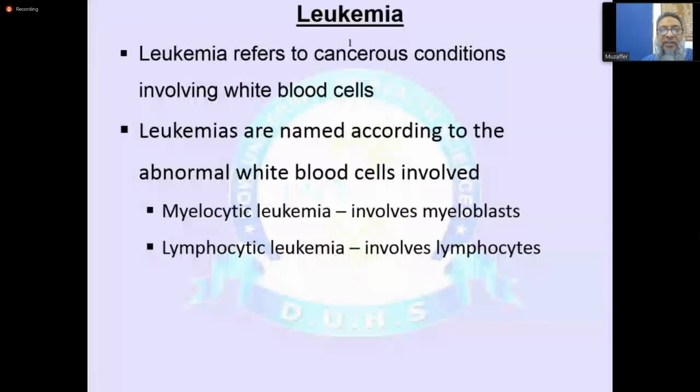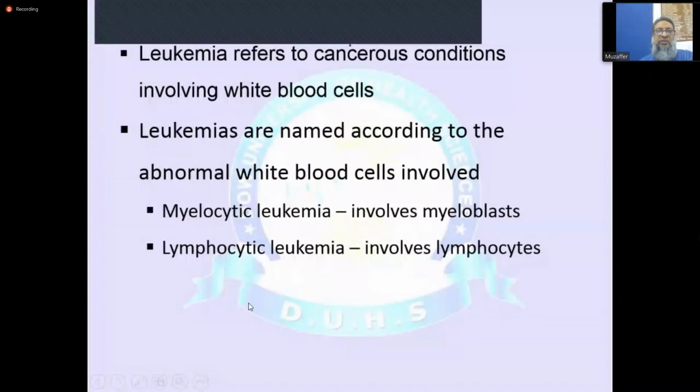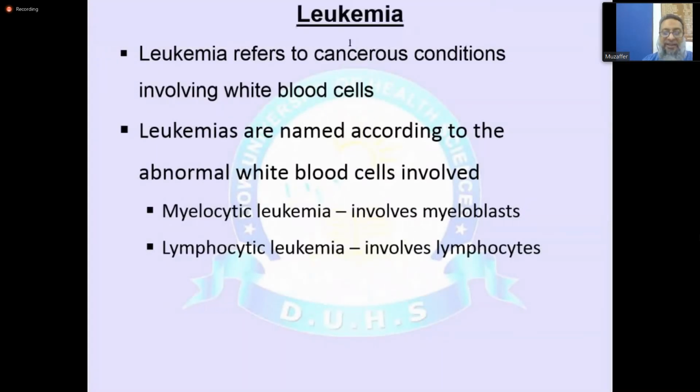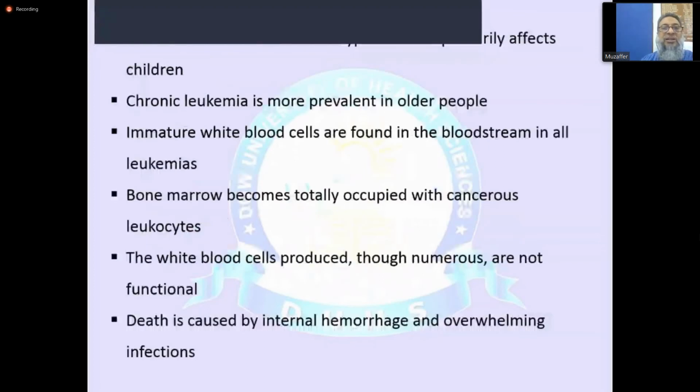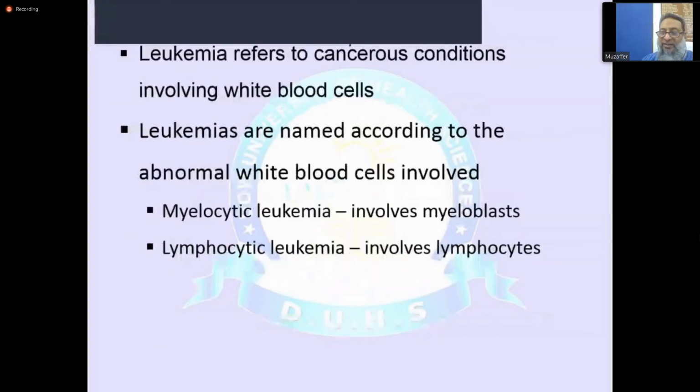And lymphocytic leukemia is when the lymphocytes are involved. So it depends upon the type of cells involved in the case of leukemia. We commonly know this as blood cancer.